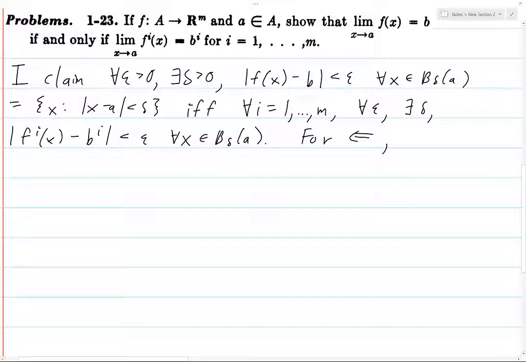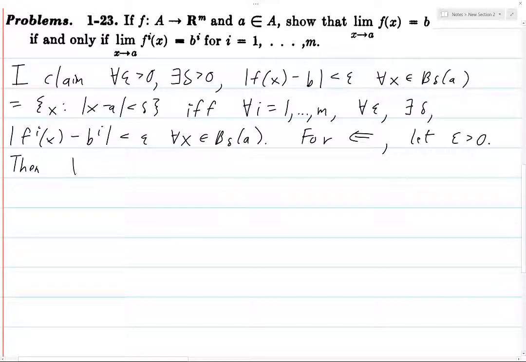In this backwards direction, we know that this thing holds for every single i. So we want to start out with an epsilon greater than 0, and then exhibit a delta greater than 0 which does this. Because we're going in the backwards direction, we're assuming this second statement.